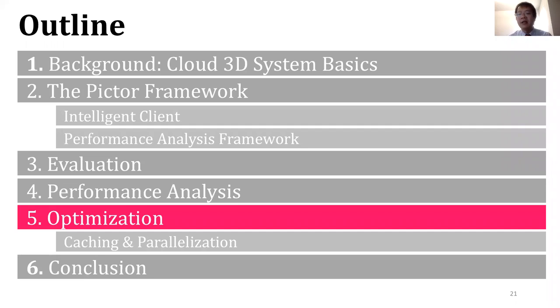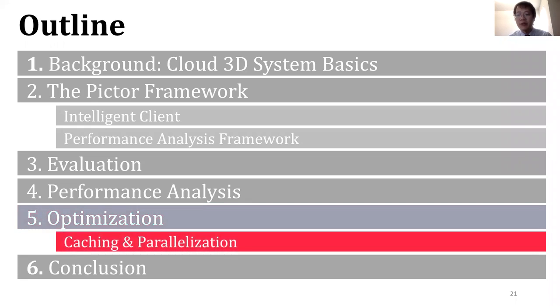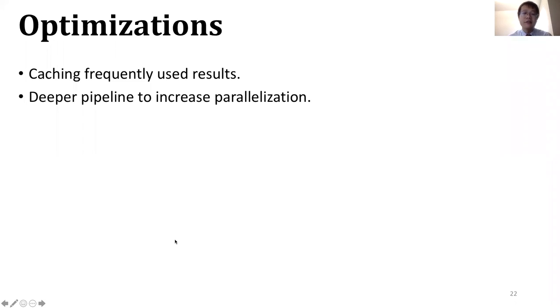Although we have already found the bottleneck of cloud 3D system using Picture, we can do even better. Based on our experimental results, we propose 2 optimizations, caching frequently used results and increasing parallelization. For these 2 optimizations, you can read our full paper for more detail.